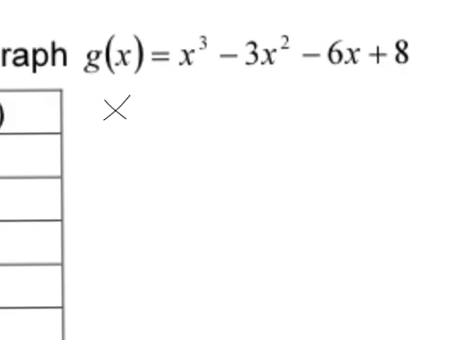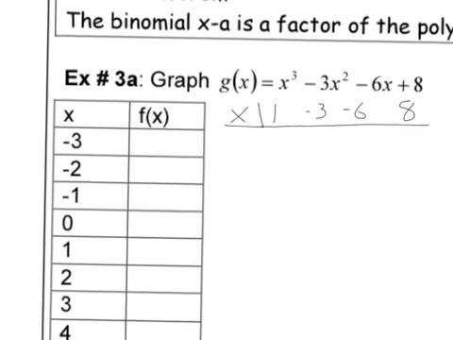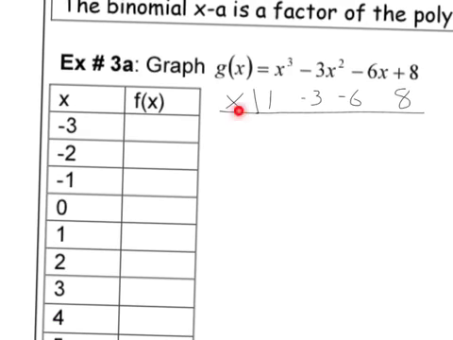Here's all my possible values for x. Over here are all my coefficients: 1, -3, -6, +8. And down the line here, I'm going to put in all the values that I want to test for x.